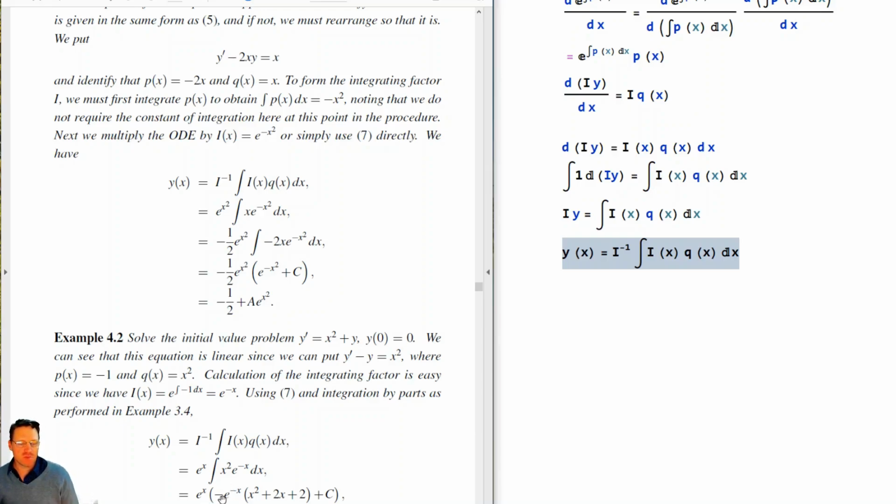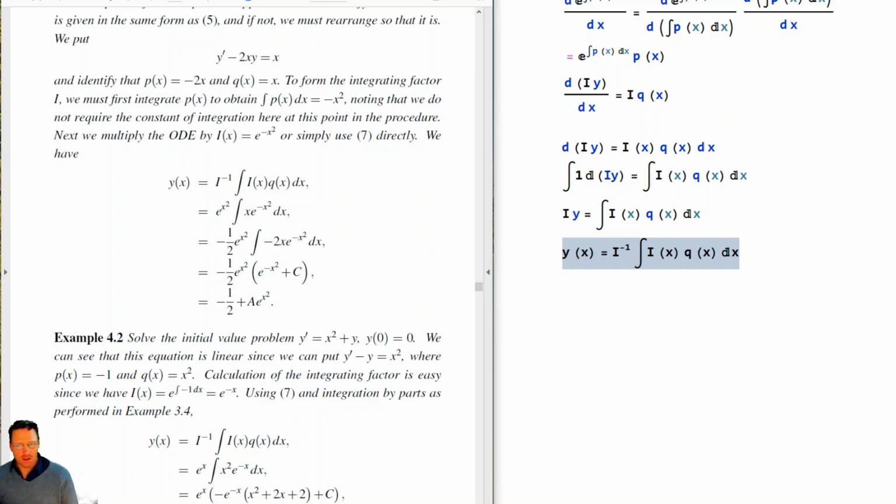And so this just leaves a factor of −1 out the front of this quadratic polynomial. So we can multiply that −1 in now and get −x² − 2x − 2. And then when we multiply in e^x times our constant of integration, we have c e^x.